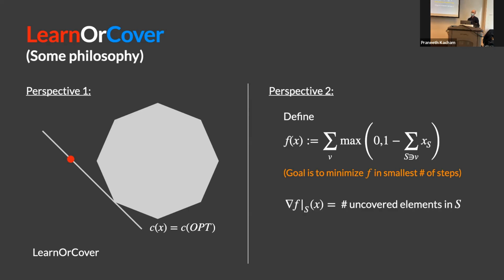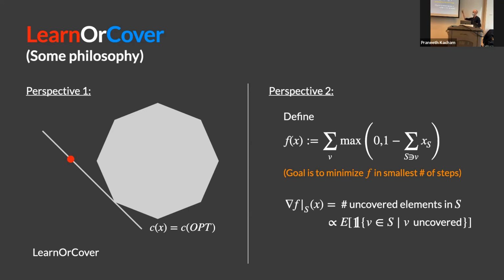You can show that the gradient of this f is the number of uncovered elements. So the x is a vector indexed by sets, and the partial derivative with respect to one coordinate, you can show, is the number of uncovered elements in that single set, and this is proportional to the expected value that v lands in that set, given that v is uncovered.